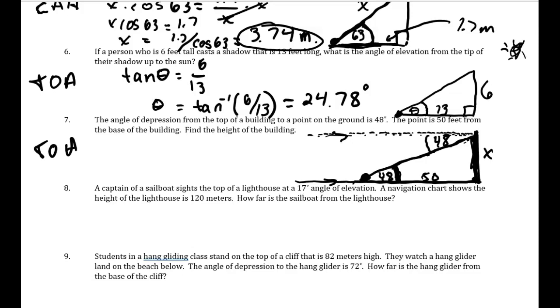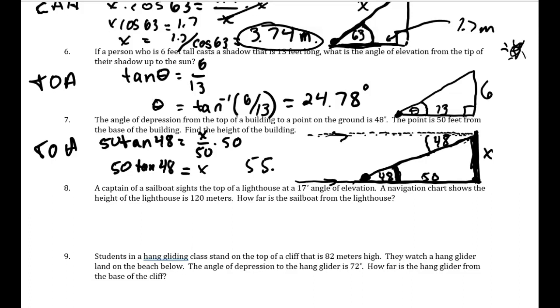So the tangent of our angle of 48 degrees is equal to the opposite side of x over the adjacent side of 50. x would then be, multiplying by 50 on both sides, 50 times the tangent of 48. So give me a minute. 55.53 feet. Okay.